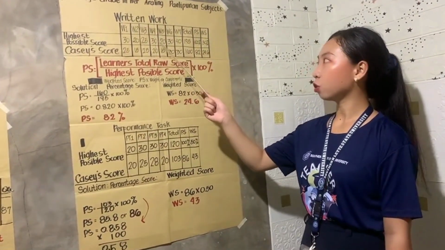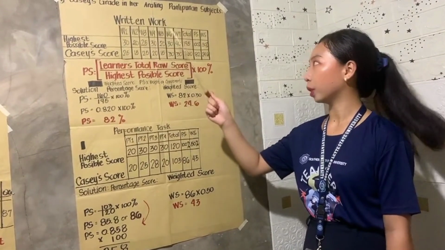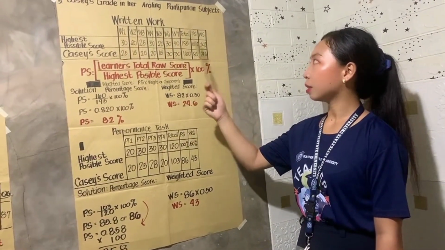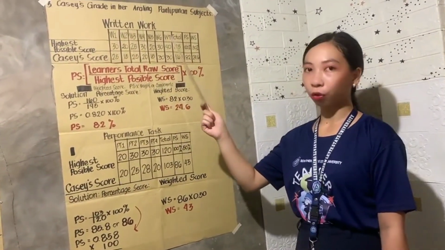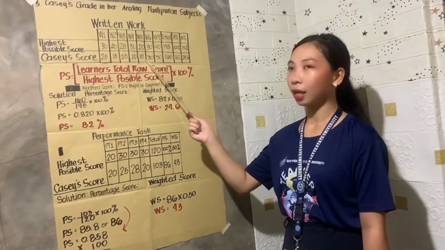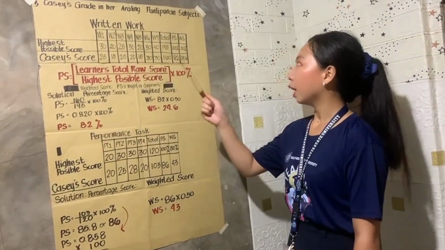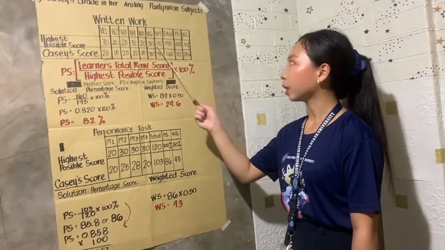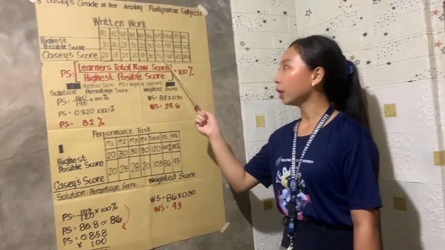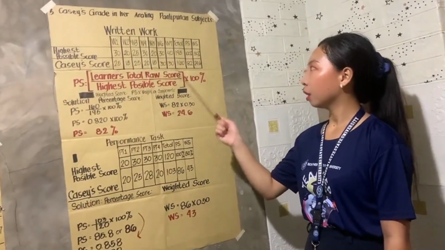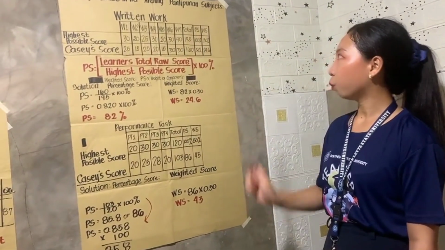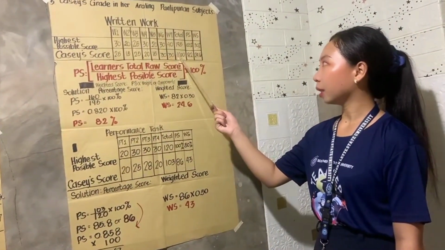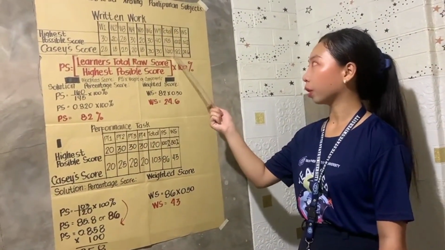And the fifth one, she got 15 points out of 20. And the sixth, she got 30 out of 30, and that is the perfect score. And for the seventh written work, that is 40, and Cassie got 30 out of 40. So total, that is 160.